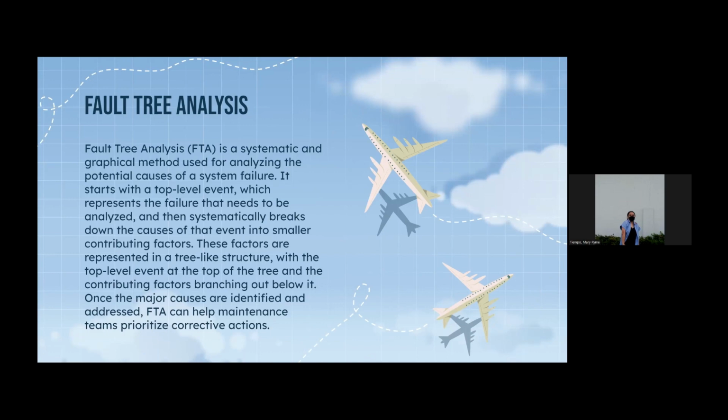These factors are represented in a tree-like structure, with the top-level event at the top of the tree and the contributing factors branching out below it. Once the major causes are identified and addressed, FTA can help the maintenance team prioritize corrective actions. Next slide, please.